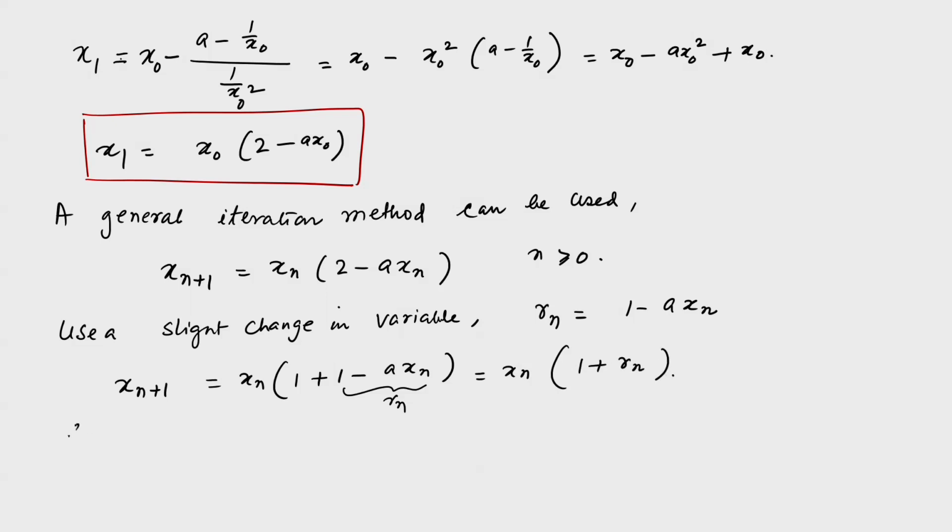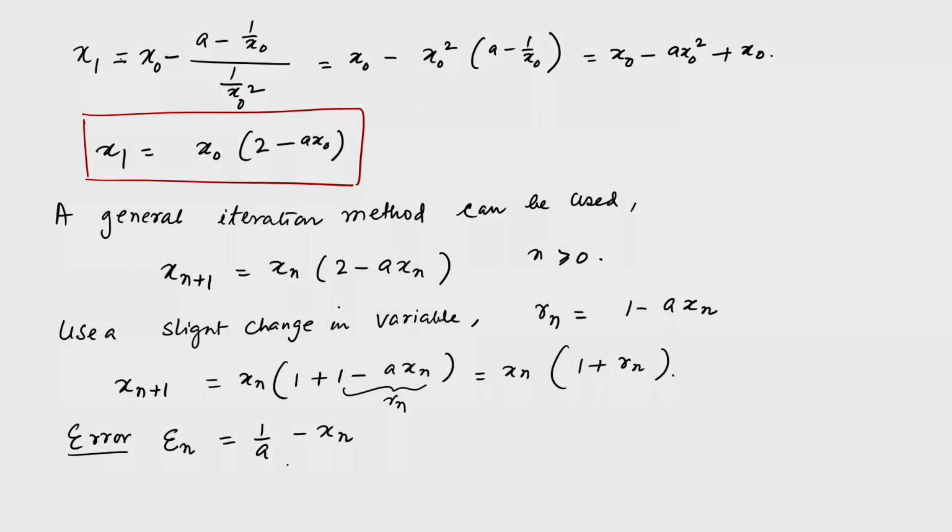The error, let us call it epsilon n at the nth level, is equal to 1 over a minus x n. This is the exact root, we are not talking about the relative error as yet, it is just the bare error, which is the exact value minus the approximate value at the nth iteration.